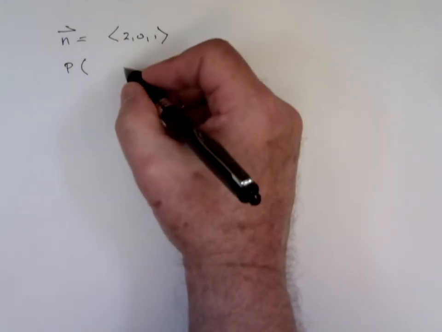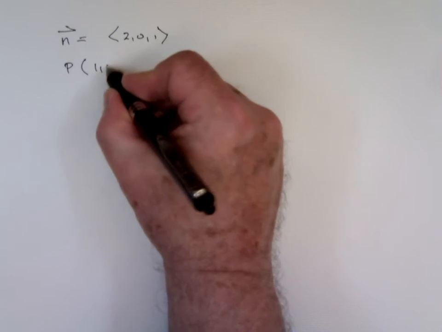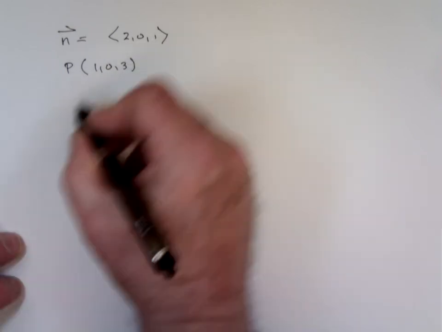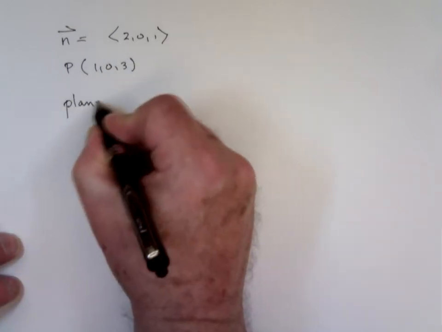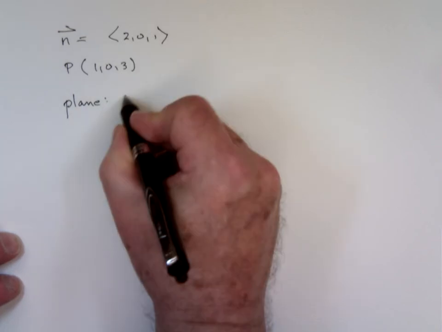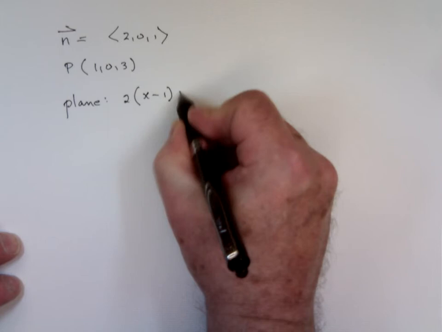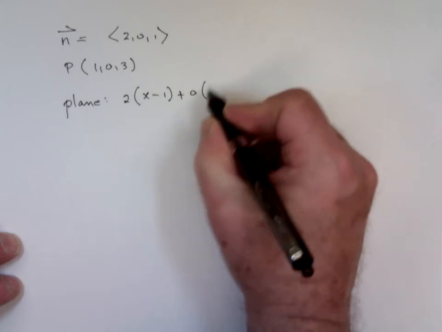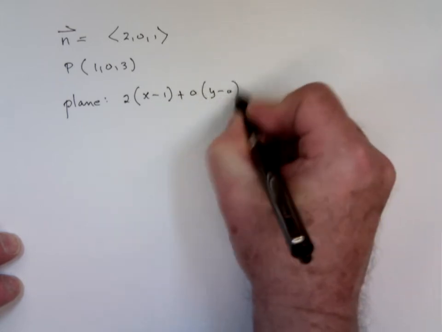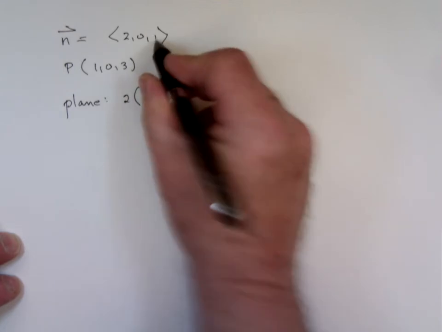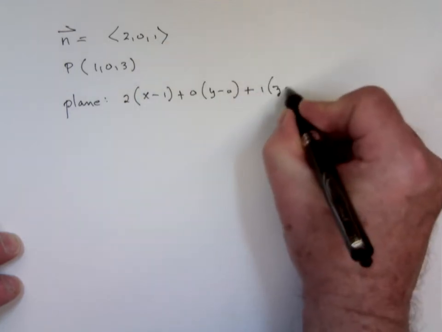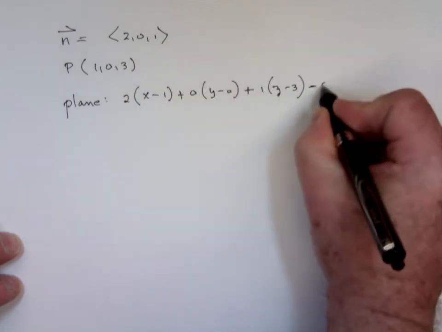Our point P was 1, 0, 3. The equation of our tangent plane is going to be 2 times (x minus 1) plus 0 times (y minus 0) plus 1 times (z minus 3) equals 0.